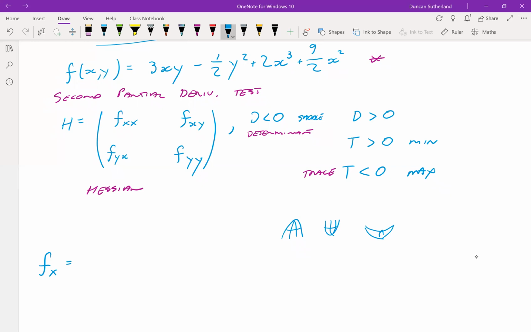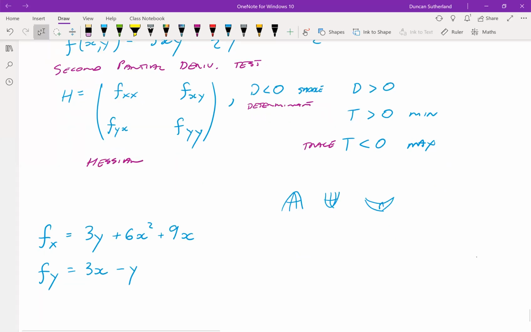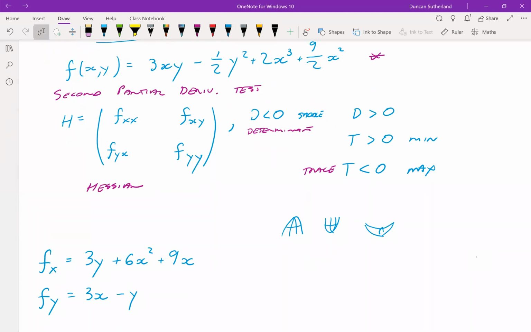Remember, when we differentiate with respect to x, y is a constant. And when we differentiate with respect to y, x is constant. So these two equations now are what we've got to work with to find our critical points.